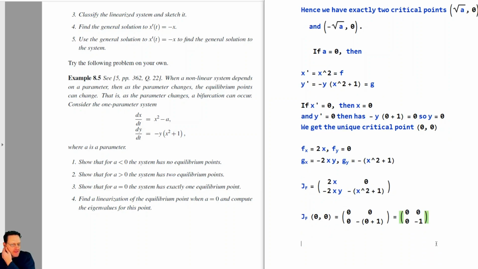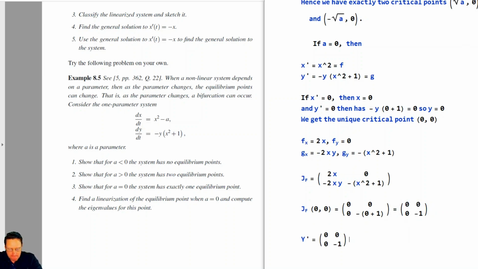Okay, so very near that critical point, we have the linearized system. Y dash is 0, 0, 0, minus 1 times y. And then we don't need a plus b because our critical point is 0, 0. So we've got the linearized system near the equilibrium point when A is 0.